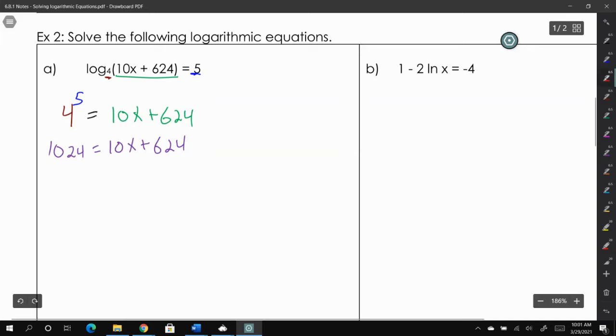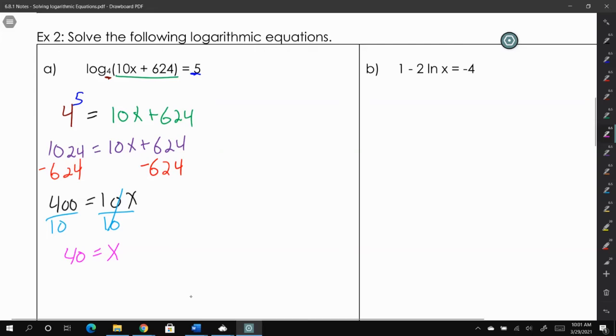Then we will need to subtract 624 from both sides because we need to get x alone. That will give me 400 equals 10x. We'll divide both sides by 10, and we get 40 is equal to x. Again, we'll take that value and plug it in just inside the log part.